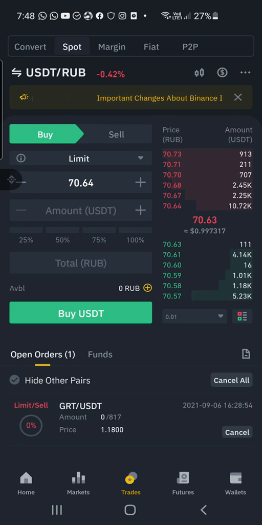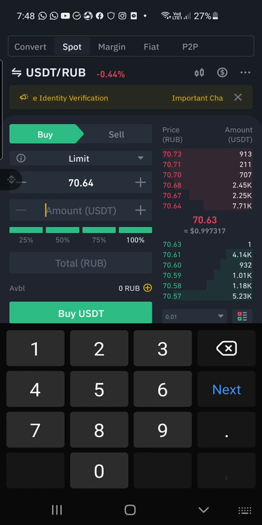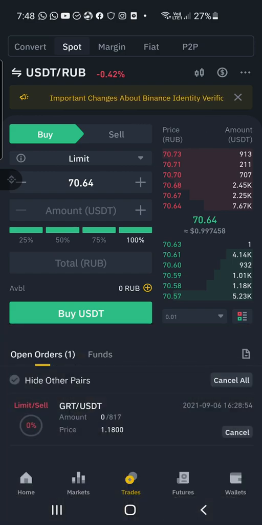It just dropped right now by 1 cent. You click on 100% if you want to use all the money. Over here, it will tell you the amount in USDT that you're going to get, and over here the amount of rubles that you're paying, and then you click on buy USDT and it will automatically buy it for you.